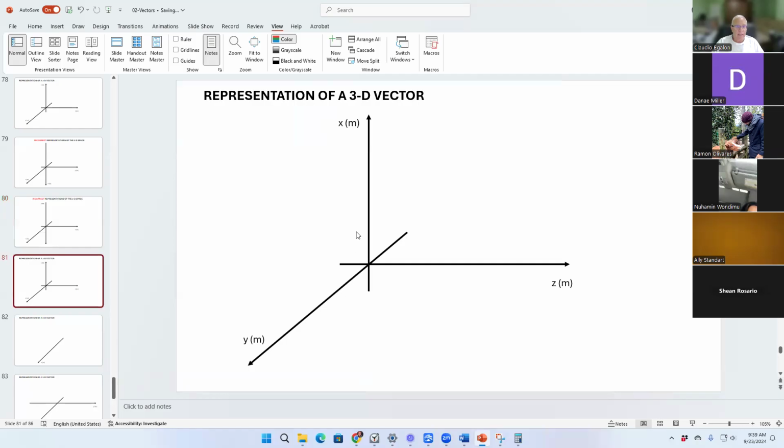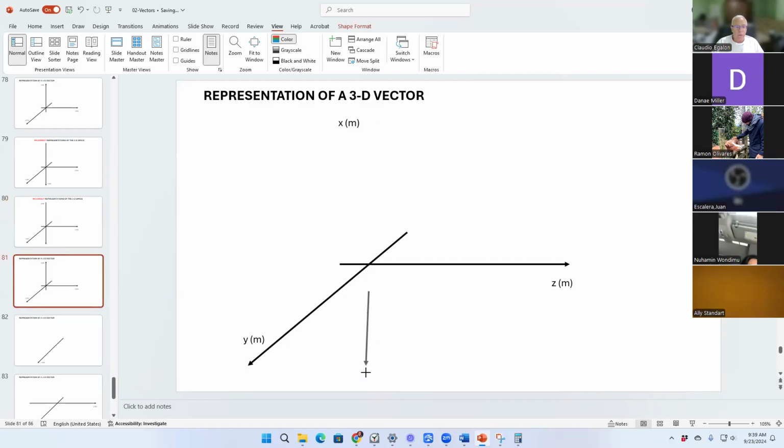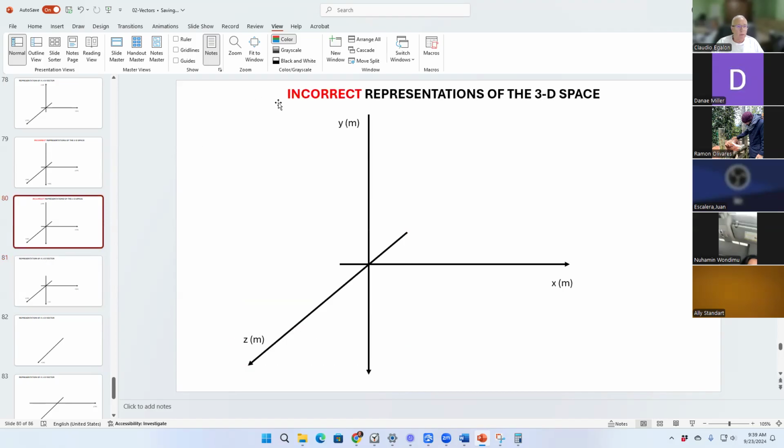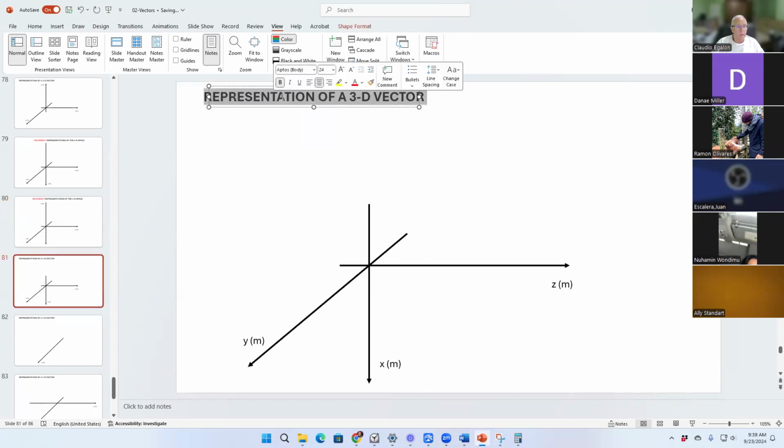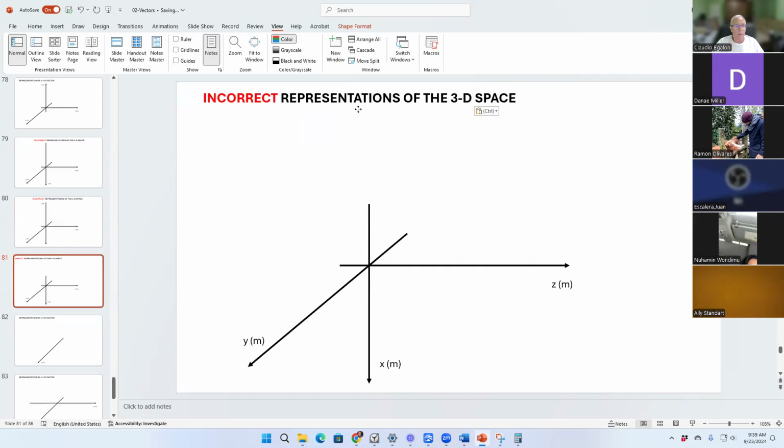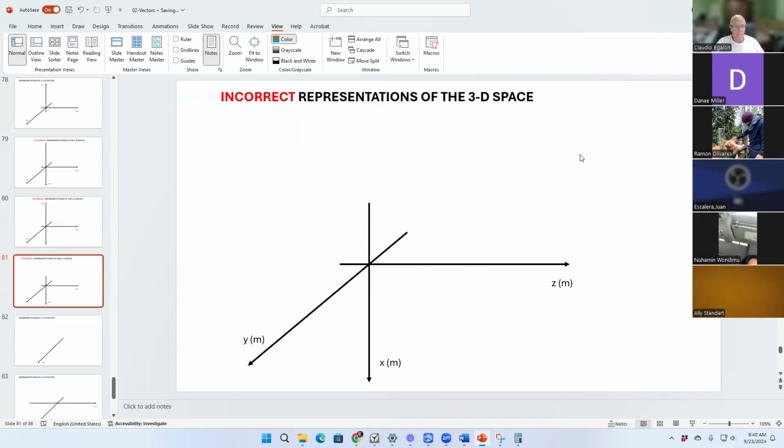And finally, the other incorrect representation is this one right here.